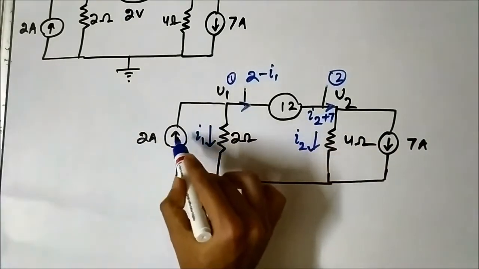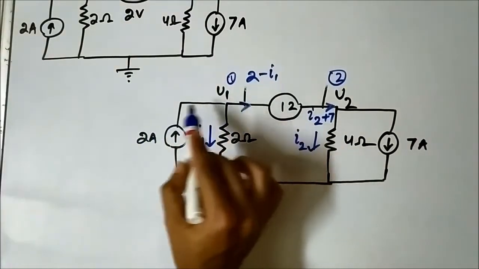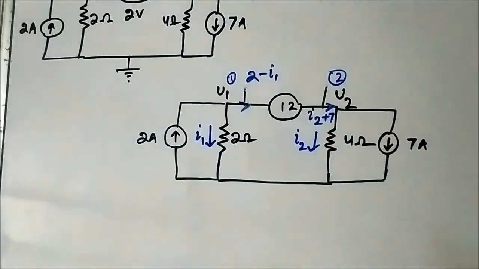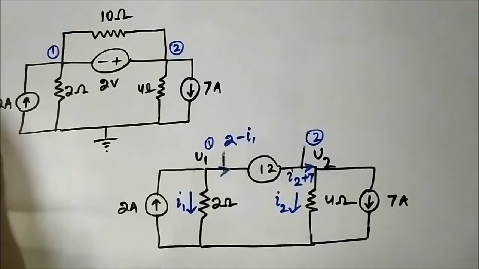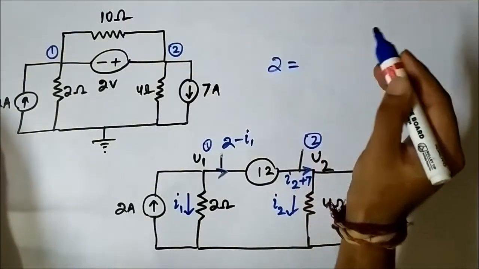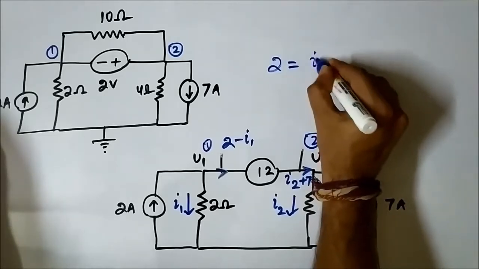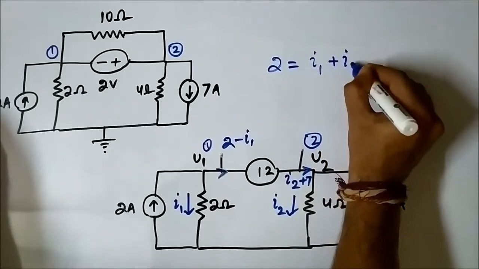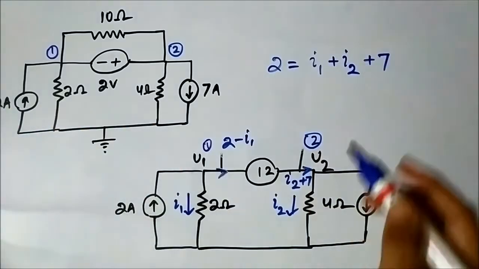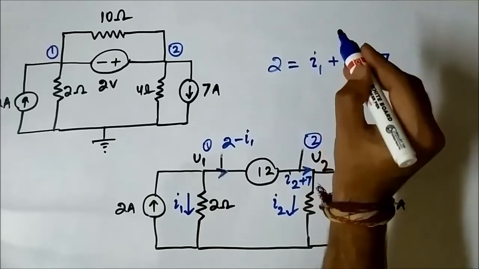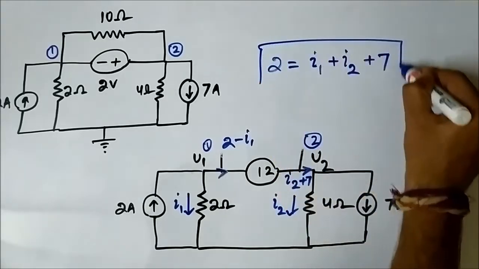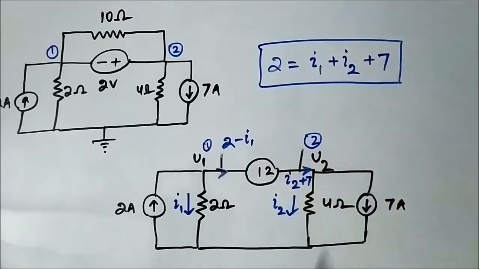So 2 is the only current flowing towards the supernode, and all the other currents are moving away from it. So the KCL equation will be 2 is equal to I1 plus I2 plus 7. This is the KCL equation.